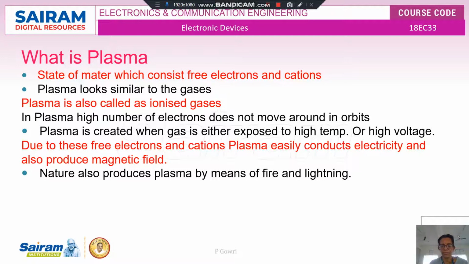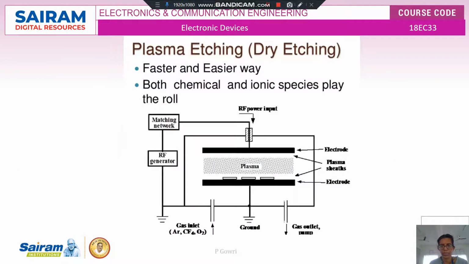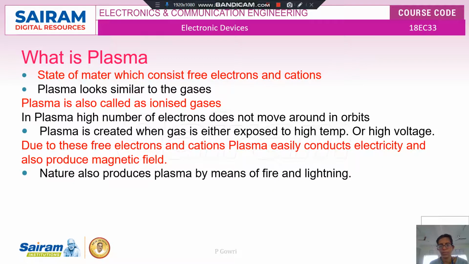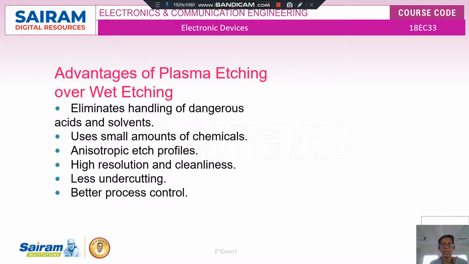When it is given a high temperature, or exposed to high heat, the ions present in the plasma will bombard the wafer surface and remove the unwanted areas. So plasma etching eliminates some of the disadvantages of wet etching, like the handling of dangerous acids and solvents.